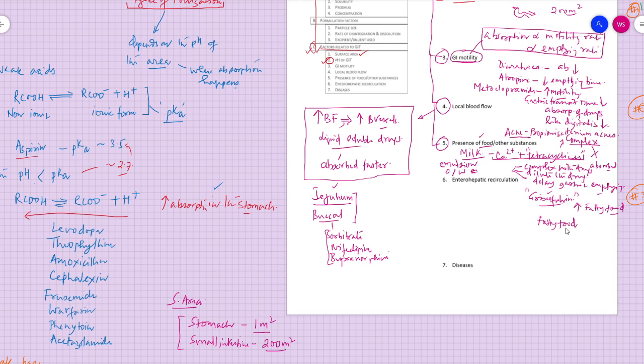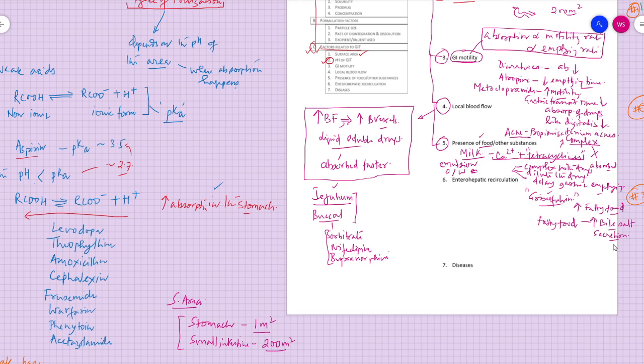Fatty food has another role: it can increase bile salt secretion. Bile salts emulsify the fats, and as a result there will be increased absorption into the lymphatic blood vessels. So fat soluble or lipid soluble drugs in the presence of fatty foods show increased absorption, the indirect reason being that fatty food increases bile salt secretion, which emulsifies the fats.